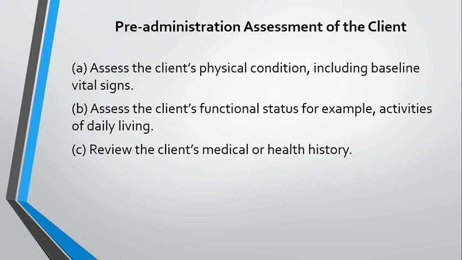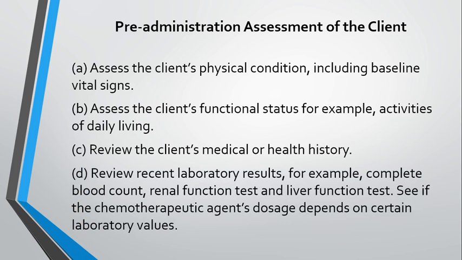You have to consider the patient's medical and surgical history, the drugs he is already on, and any treatments he is currently undergoing. You have to perform certain investigations like complete blood count, renal function tests, and liver function tests to make sure the patient is fit enough and will tolerate the treatment effectively.